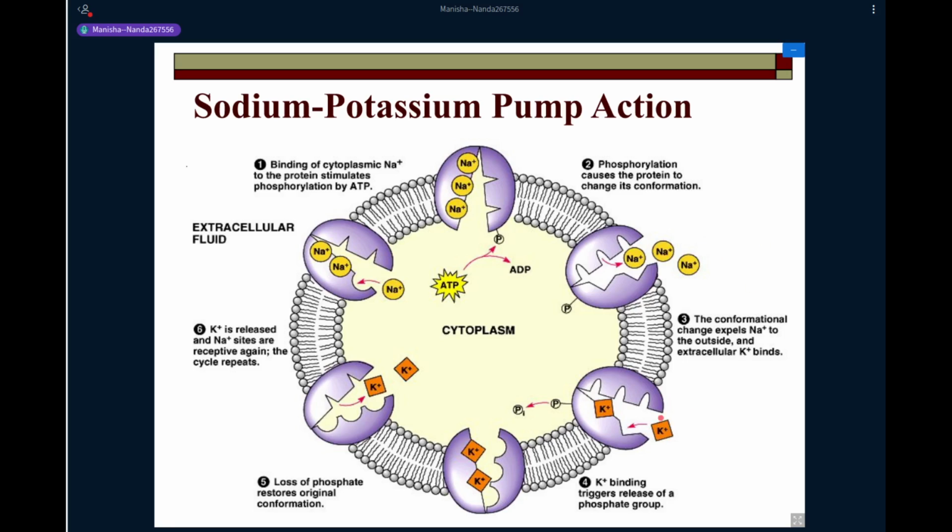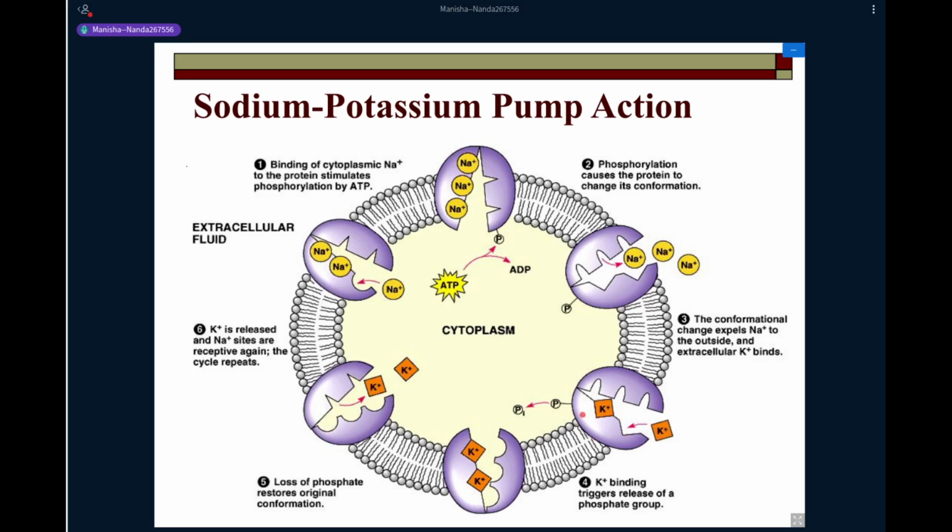Now, this conformational change also allows the binding sites for potassium ions to be exposed. As soon as these three sodium ions are released, potassium binding triggers release of the phosphate group.